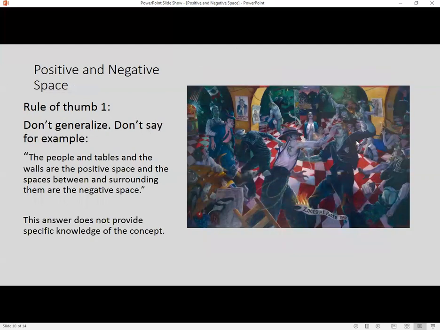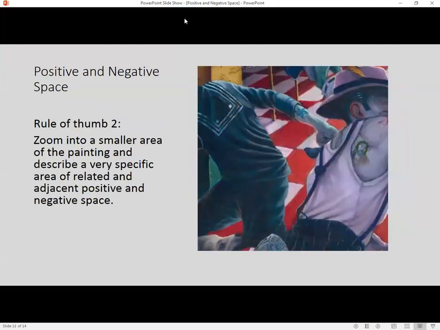You're not going to talk about this guy in the green sailor suit as positive space and then go over here to talk about the negative space, because they're not adjacent to one another and they're not related to one another. So you gotta keep your positive and negative space in the same area and adjacent to one another.